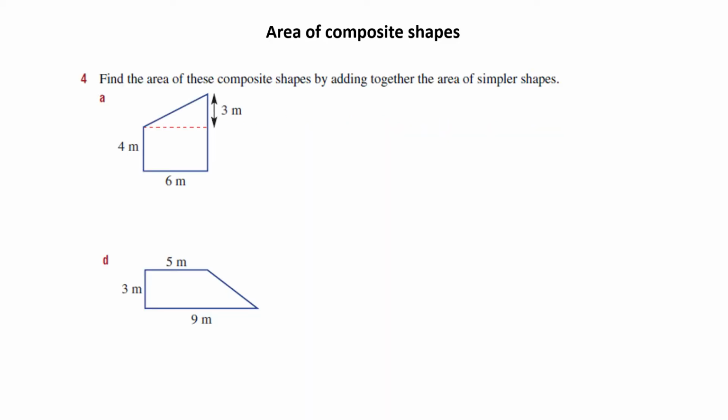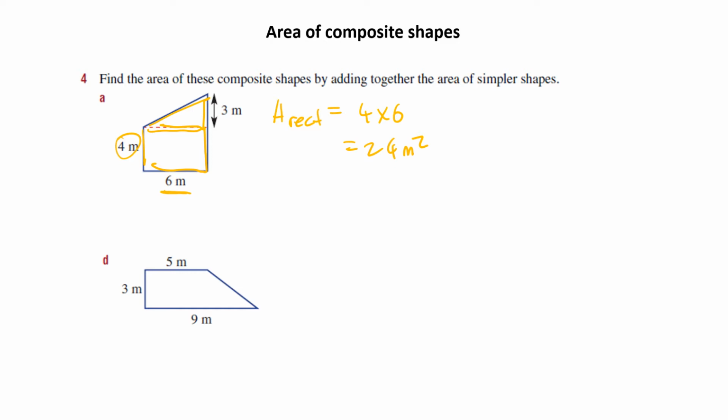Find the area of these composite shapes by adding together the areas of simple shapes. In this case, I've got a rectangle, and then I've got a triangle. So let's write that area of rectangle equals 4 times 6, because that's a 4 and that's a 6. Remember it's length times width, and that's equal to 24 meters squared.